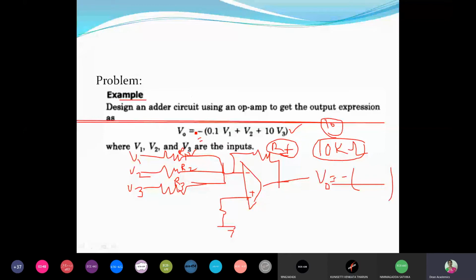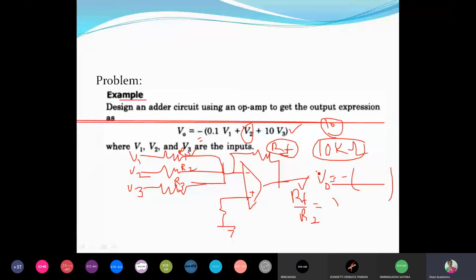Now, you have the output expression. What is that output expression? V0 is equal to minus of (V1 RF/R1 + V2 RF/R2 + V3 RF/R3), right? That means here you take each one of these components. Now let us take only V2. The coefficient of V2, RF/R2, should be 1. RF/R2 equal to 1 means what?